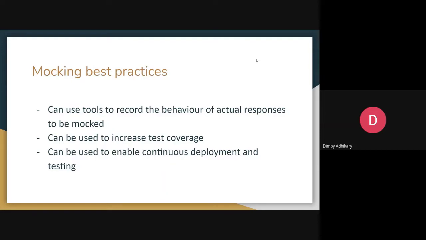In that case, mocking can help, and we should leverage mocking in those kinds of scenarios. Then again, it will enable continuous deployment and testing. That I think we have already covered, how it helps in continuous development as well as continuous testing.